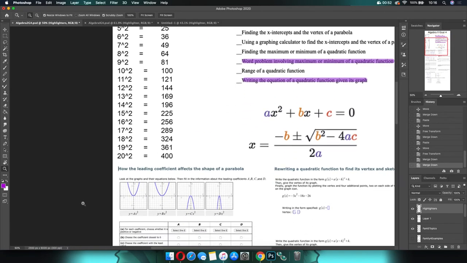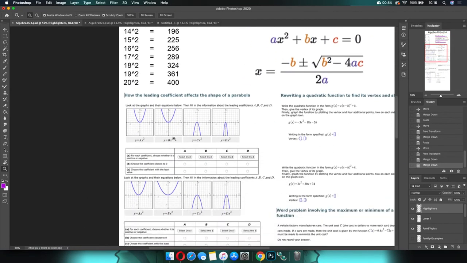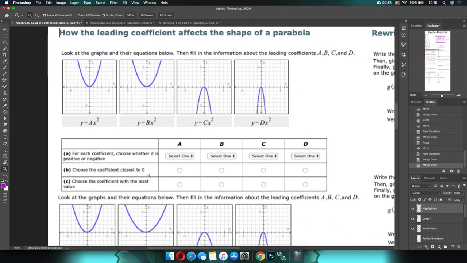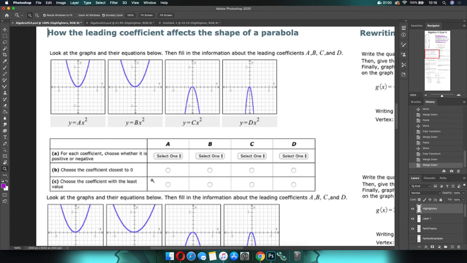So we are going to start with this right here: how leading coefficient affects the shape of a parabola. The most important thing that you want to keep aware of is a nice little cheat sheet of notes for yourself. So first things first, if it opens up, it is a positive coefficient, LC for lead coefficient.